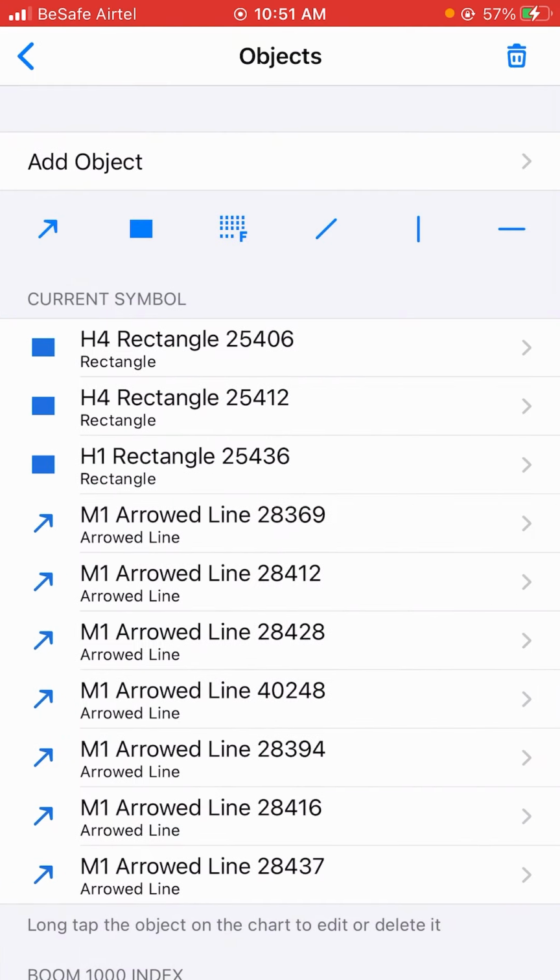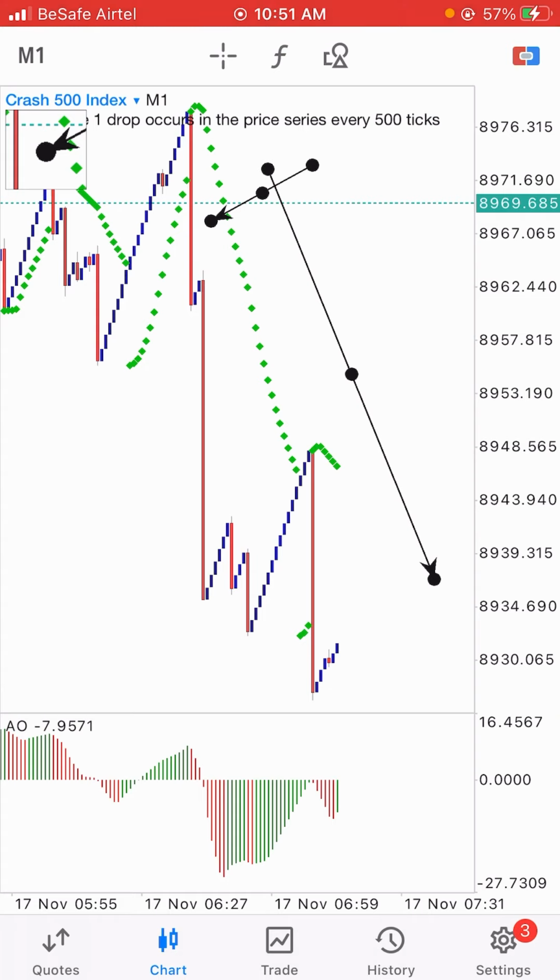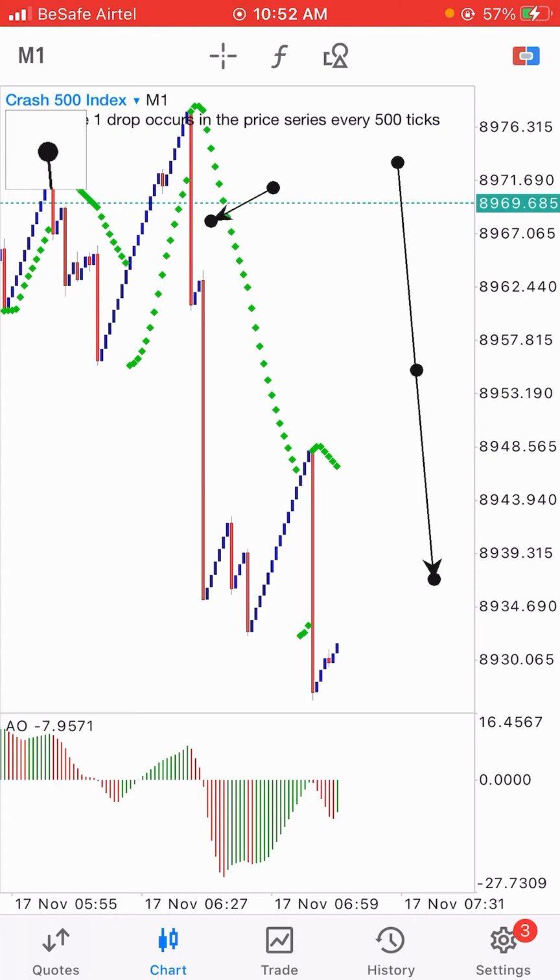So after this first candle, this spike, you can see the parabolic SAR was facing to the downside, and what do we have here? The red candles are out. You can see that they are out already. You can see the number of spikes that came: 1, 2, 3, 4.